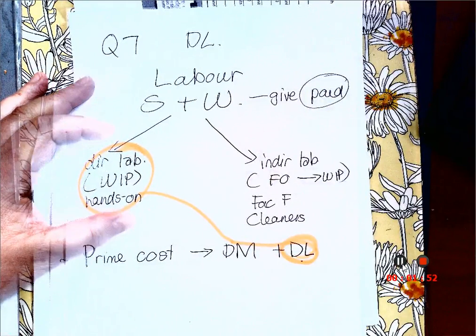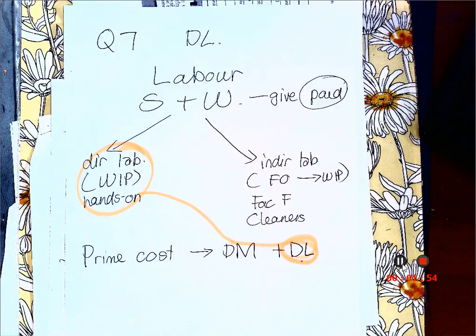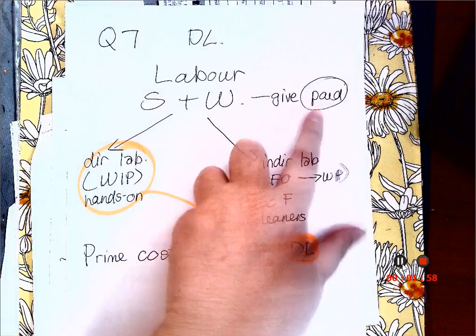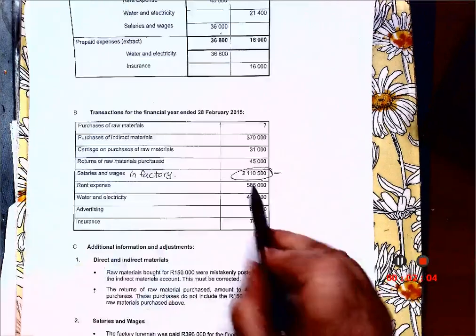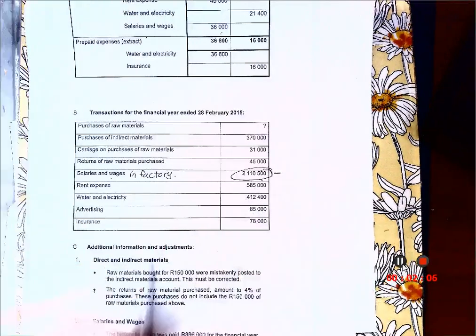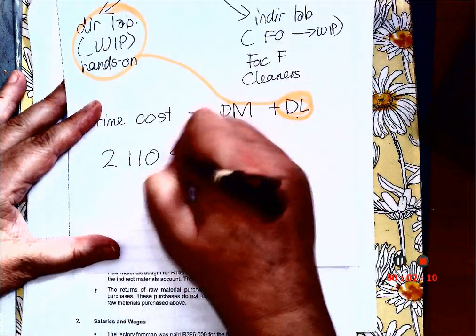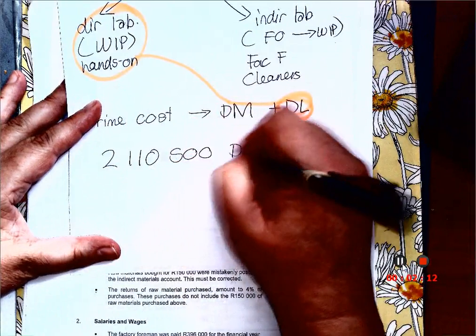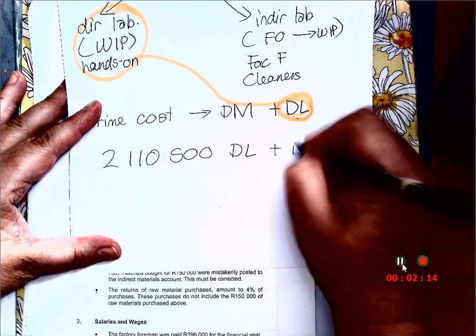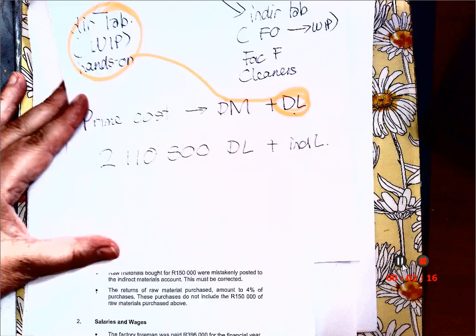Okay? You understand me? So in other words, this here is my total that they give. Where is it? Here. This 2110,500. This is the direct labor and the indirect labor.